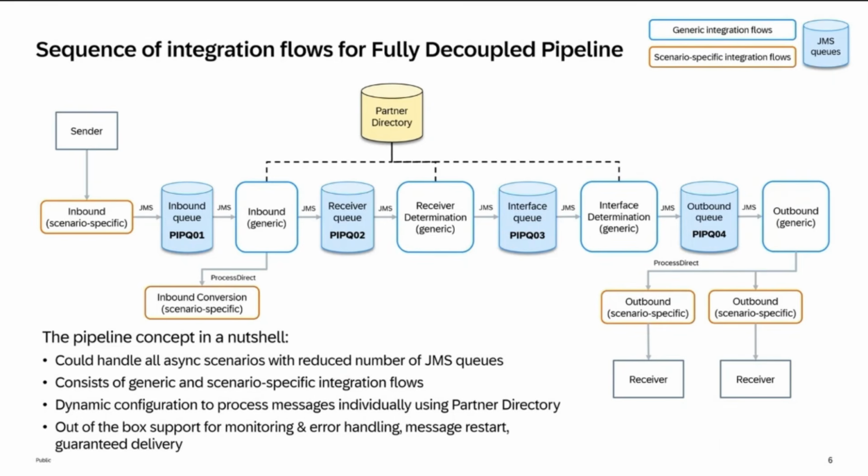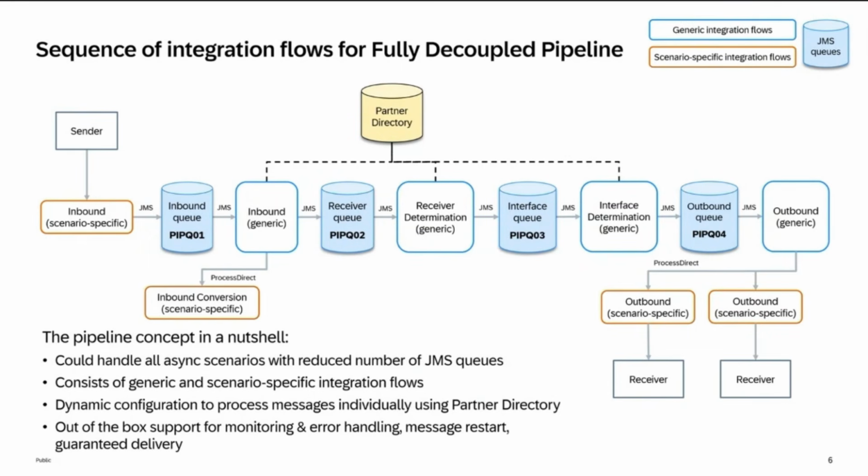And we are able to provide error handling and restart capabilities within a generic flow, so that you don't need to build them redundantly, right? It's already built in. And as said, the only flows that you build are more or less point-to-point flows, like the inbound flow.